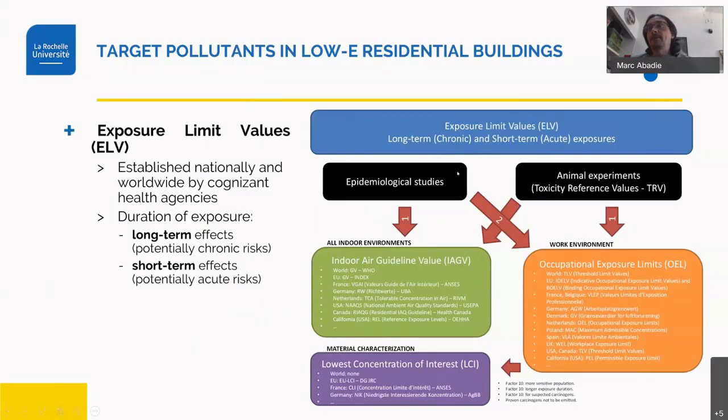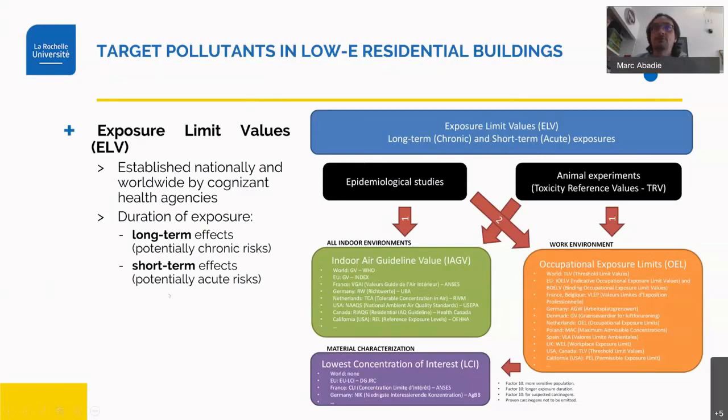They are established nationally and worldwide by health agencies, and they're different from country to country, actually, because of the feasibility of the application of this kind of limits.